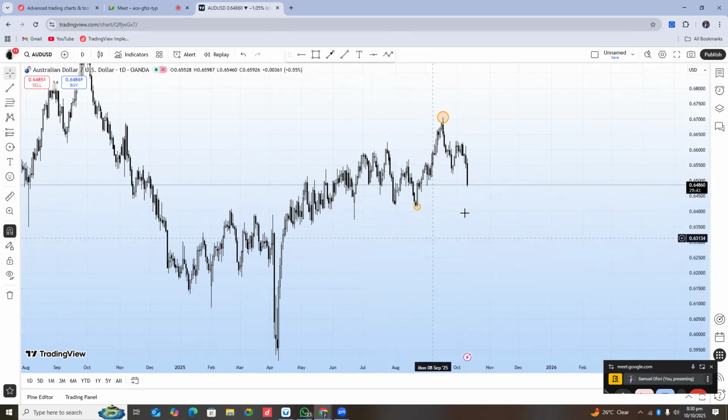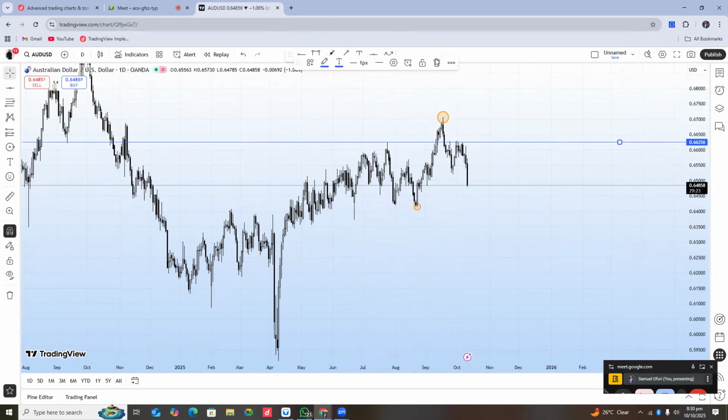Okay. So I identify these swing points here. And then there should be a break of structure. So that swing high should take out the previous high so that we can confirm that there was a break of structure and then we can see that here.